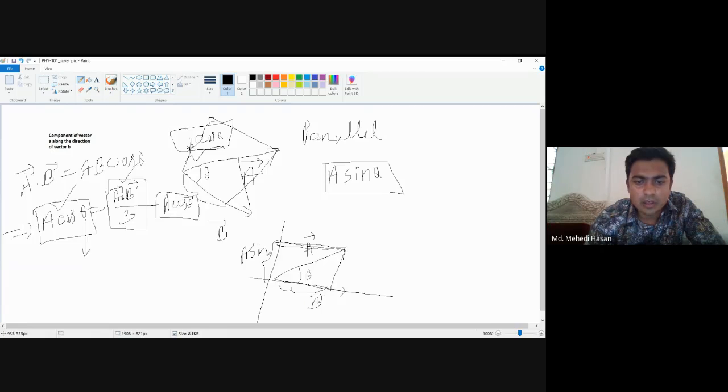So if the question asks to find the parallel component of vector A along the direction of vector B, you have to find just A sine theta. Clear?